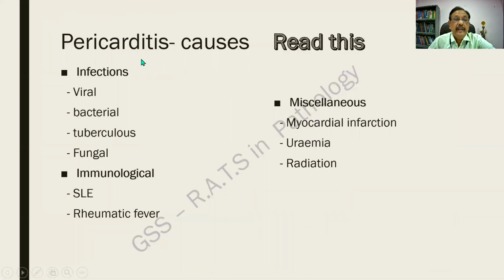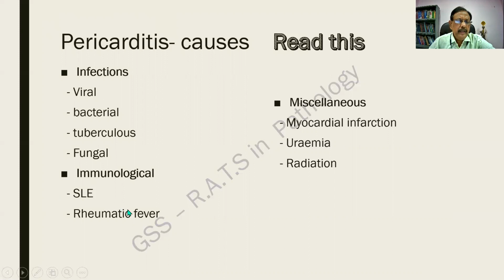And pericarditis, there are lots of causes. I want you to just read this, need not byheart. There can be infections, there can be immunological conditions, and there can be miscellaneous conditions. Infection, whatever infection you know, you can mention. Viral, bacterial, tuberculous, or fungal. Immunological, some diseases prone for it, no?